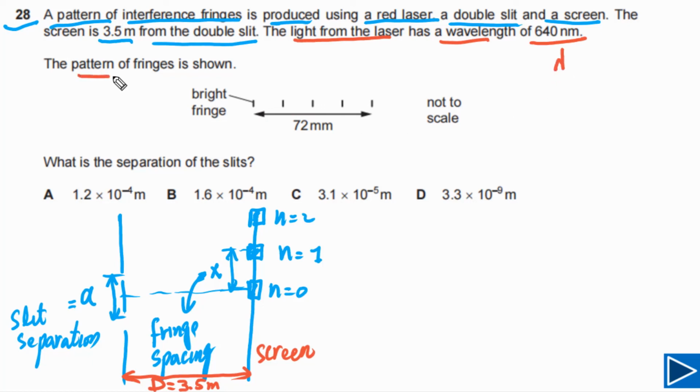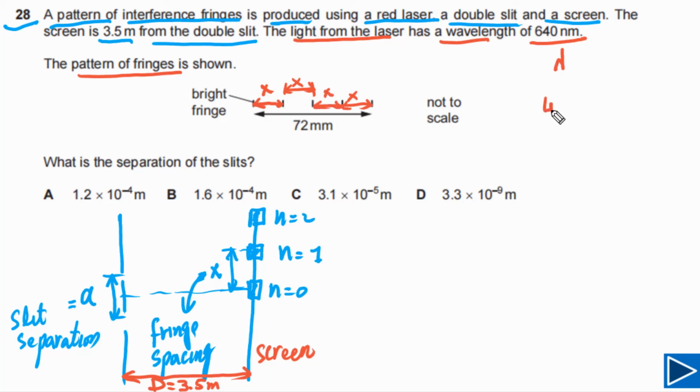The pattern of the fringes is shown. If you look at this, we have a bright fringe, then we have another bright fringe. So the distance between two bright fringes is equal to 1x. Here we have another x, another x, and another x. So in this case, you can see we have 4x.